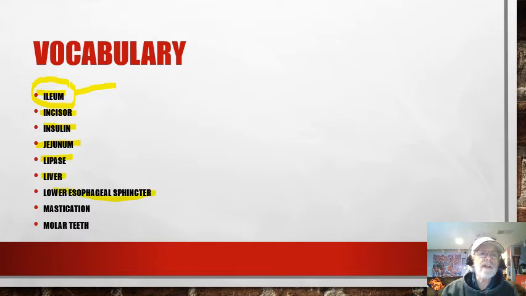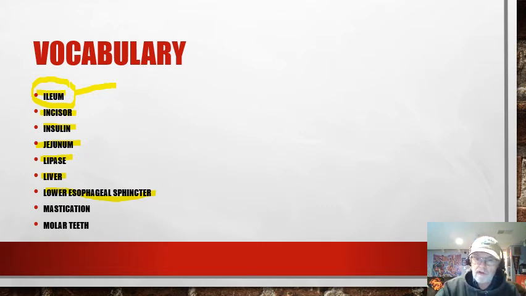Lower esophageal sphincter. We talked about this in the previous talk. When food comes down the esophagus, at the bottom of the esophagus, right where the esophagus goes through the diaphragm, and right where it meets the stomach, there's a sphincter. I think this is important to know: a sphincter is a ring of muscles that's around a tube. If those muscles relax, the tube opens.